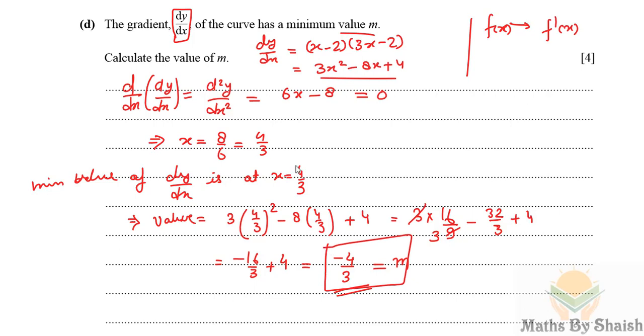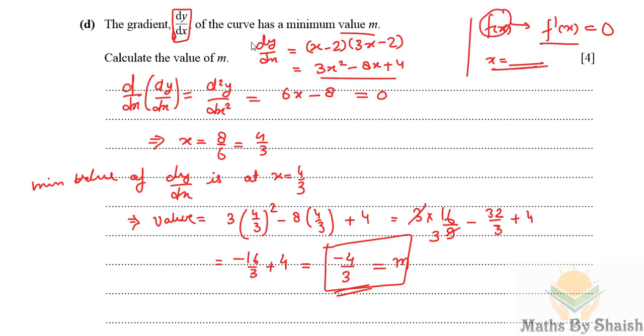In these types of questions, we only need to have this clear idea that they are asking for the minimum value of dy over dx. So for the minimum value of any function, first of all we find the derivative of it and equate it to 0, so that we get the x values at which the function is going to have its minimum or maximum value.